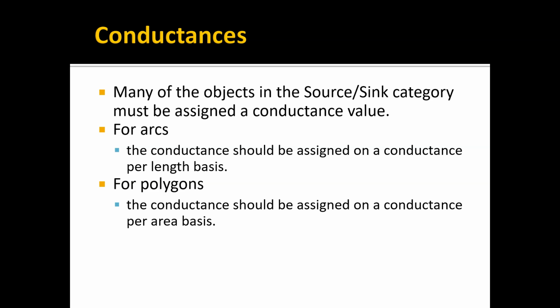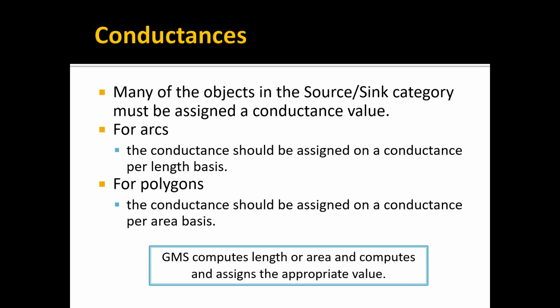The reason is you don't need to calculate the length of an object in an individual cell. GMS will do that for you. So we just enter the conductance per length value, and later when it converts to the cell-by-cell values, it converts that to a cell-by-cell conductance. I have some diagrams that will illustrate that.